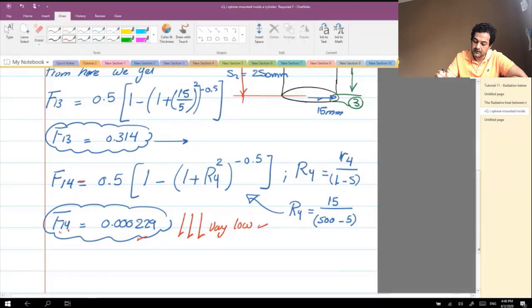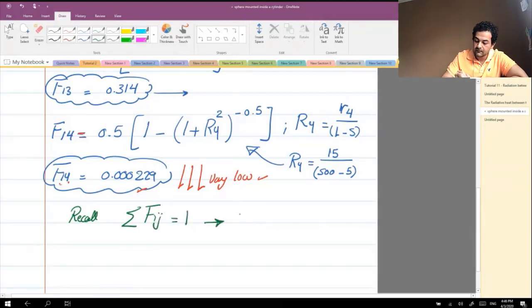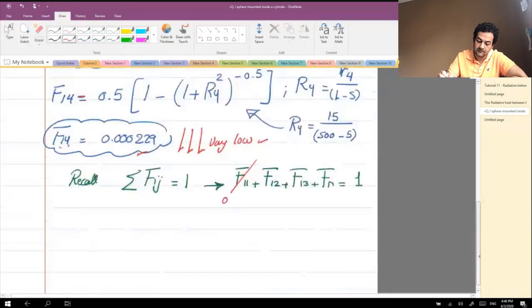Alright, so when we recall that the summation of Fij is equal to 1, we can use this: F11 plus F12 plus F13 plus F14 is equal to 1. F11 is 0 as it is convex.